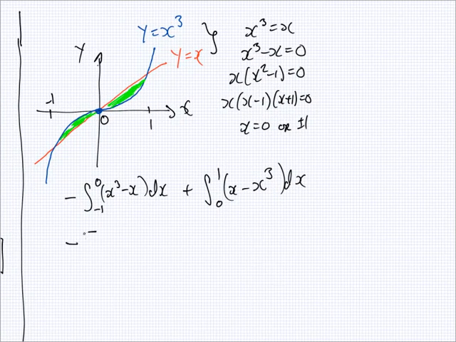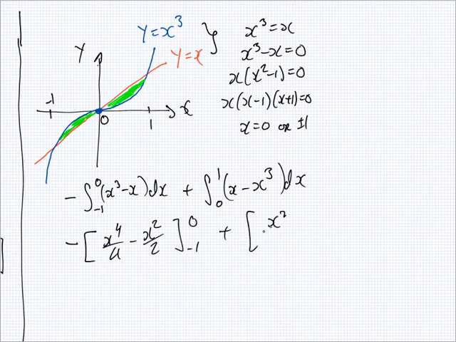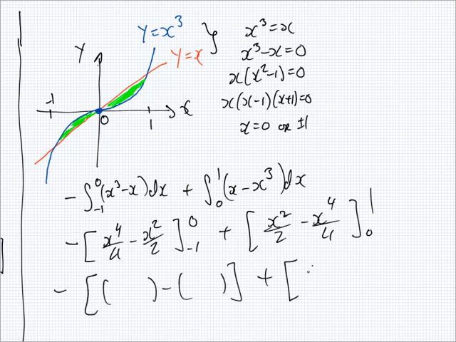This is minus x^4 over 4 minus x squared over 2, from minus 1 to 0. And this is x squared over 2 minus x^4 over 4, from 0 to 1. So this is minus bracket, put in 0, put in minus 1, plus bracket, put in 1 and put in 0.